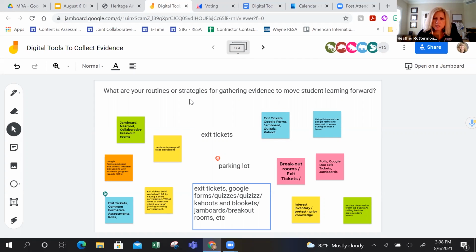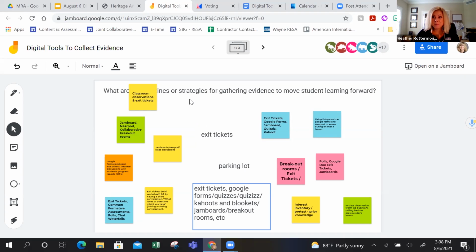Okay, so some of the routines that I'm seeing on the board. This is actually a really nice technique for me, a strategy for me to see where everybody is at in terms of the strategies or techniques that you use inside your own practice. So I'm seeing classroom observations and exit tickets. Okay, yes to classroom observation.